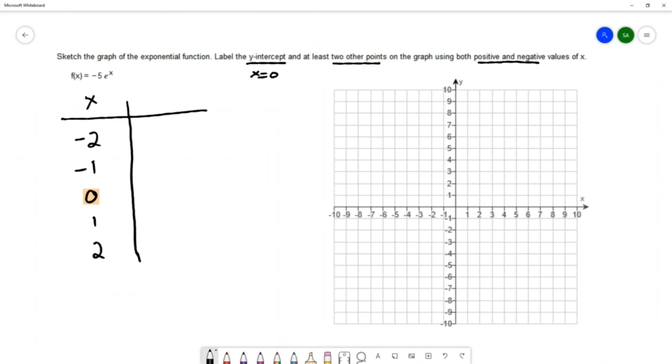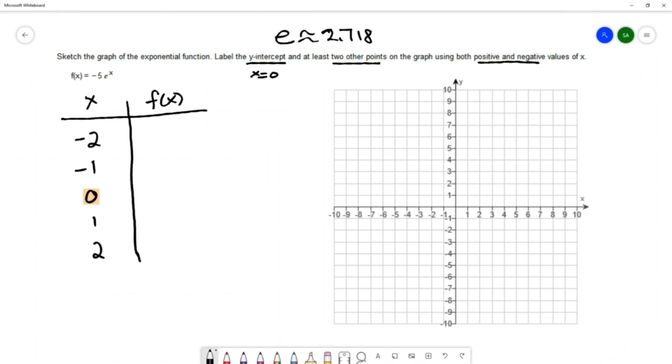We're going to substitute this into our function, and because of the base that we're using in this example, we have f of x equaling -5 e to the x. E is approximately 2.718, and so we don't get very nice clean y values in this example.